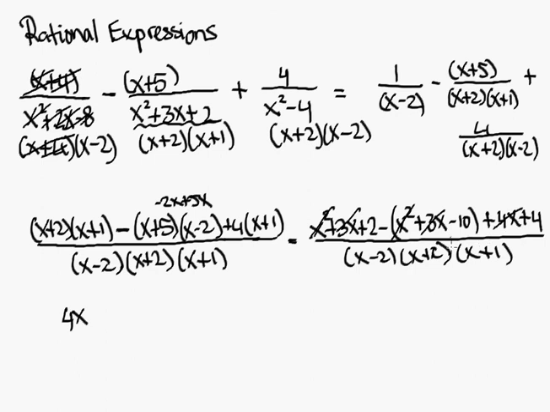So I'm keeping track of what I did and did not do yet. 2 minus a negative 10, so actually that's 2 plus 10, that's 12, 12 plus 4 is 16, plus 16, all divided by x minus 2, x plus 2, and an x plus 1.